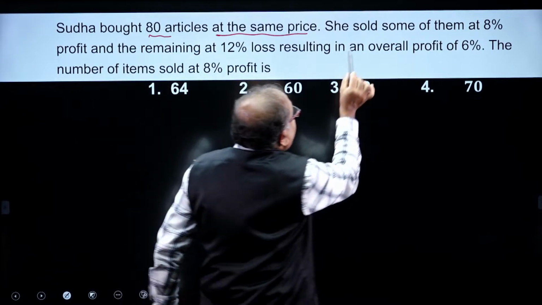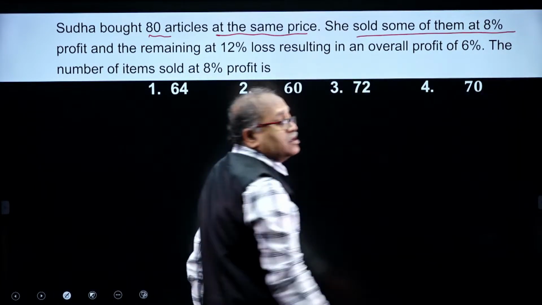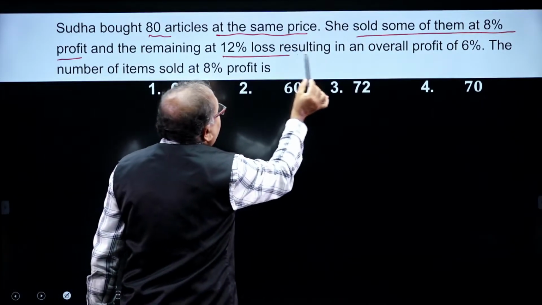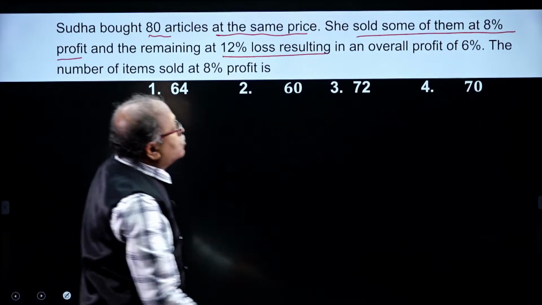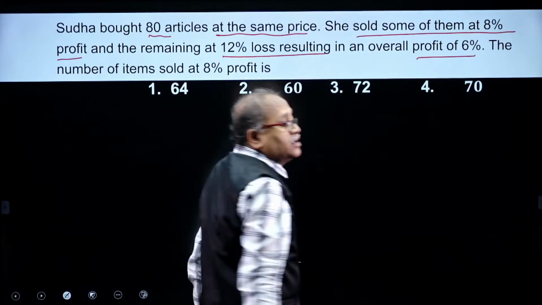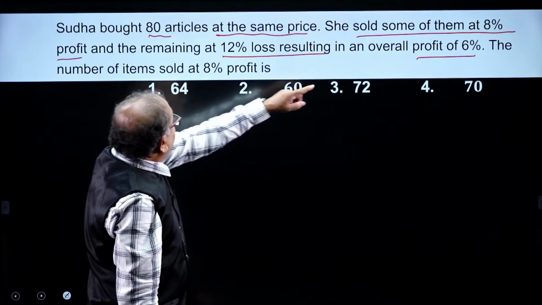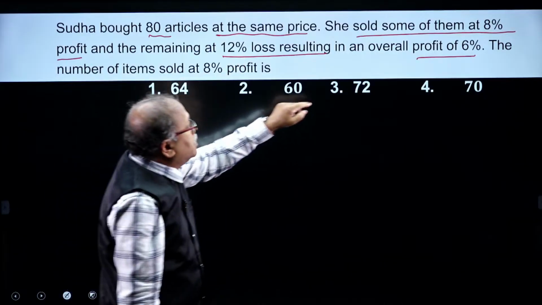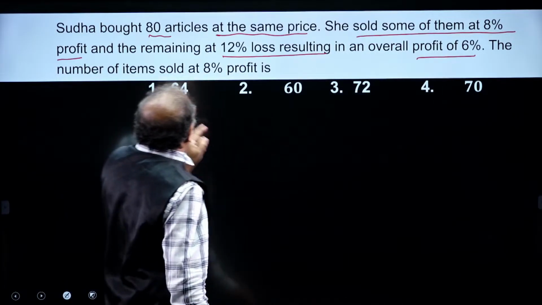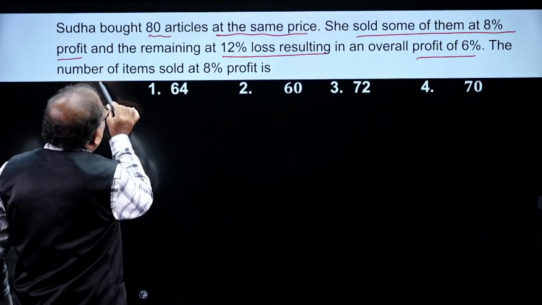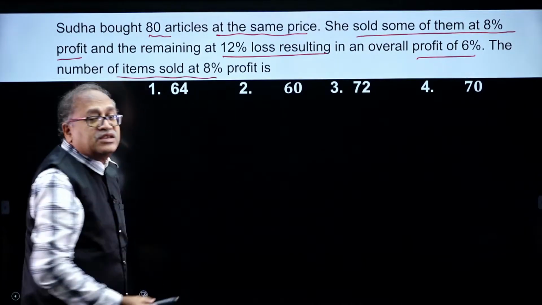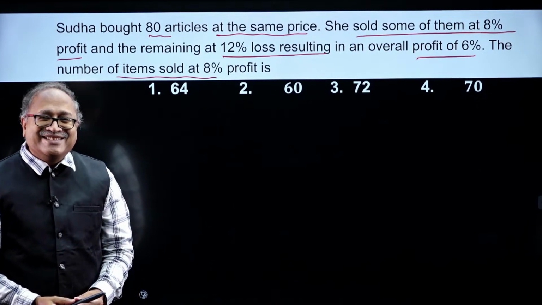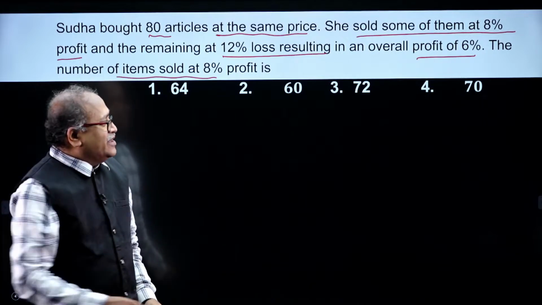She sold some articles at 8% profit and the remaining articles at 12% loss, and overall there is a profit of 6%. So, the number of articles sold at 8% profit is, can you apply alligation mixture method? Yes, my dear friend, you can apply it.